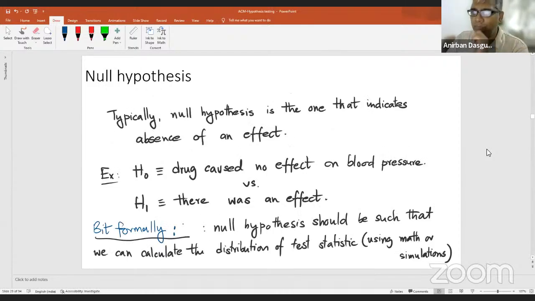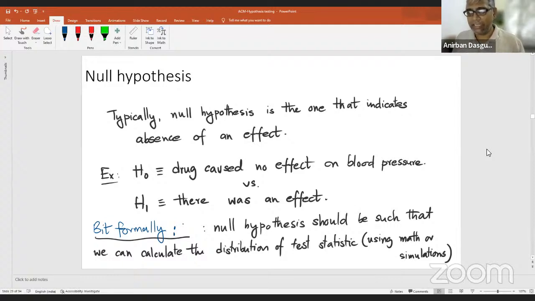Then again, we're talking about some subtleties in choosing the null hypothesis. One subtlety is that there's a computational, statistical aspect to this. In choosing the null hypothesis, I need it to be something under which I can make the following calculations.